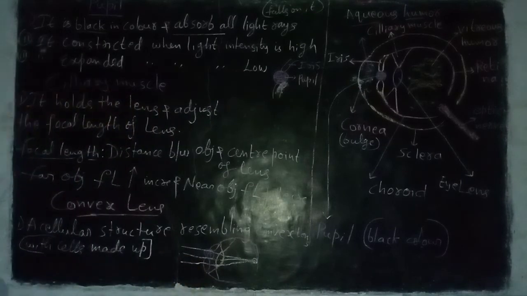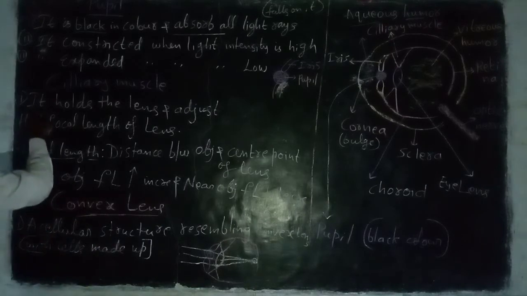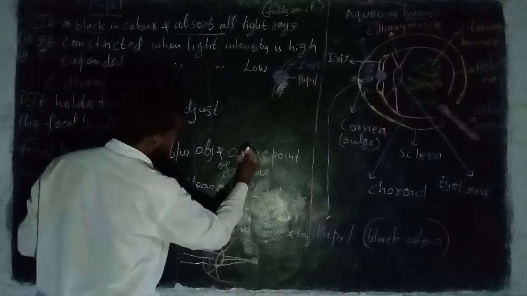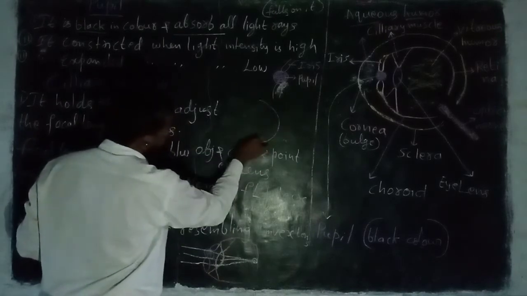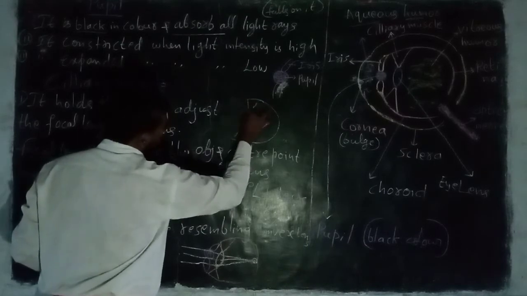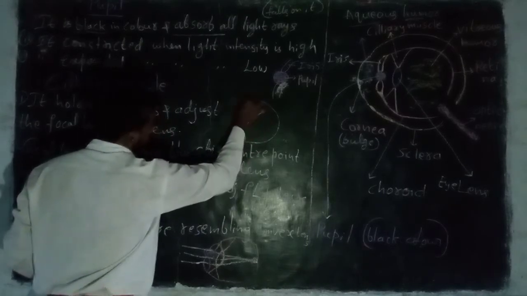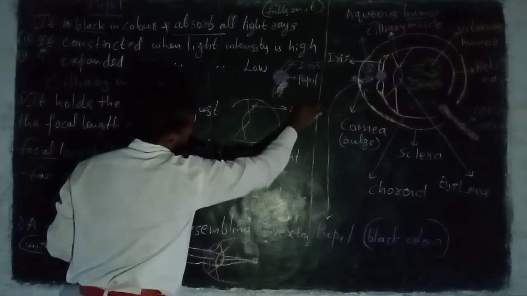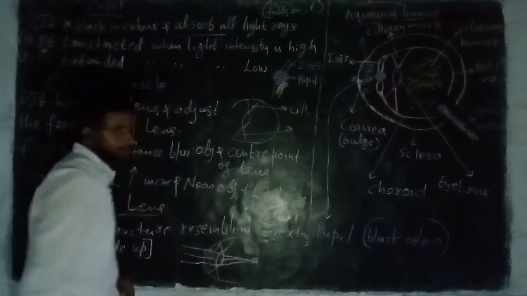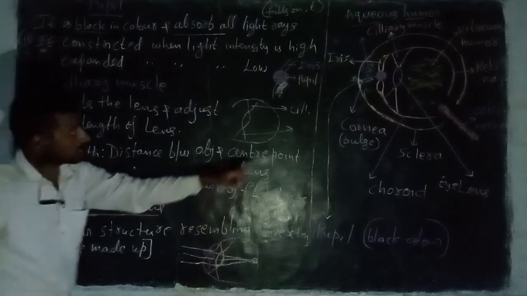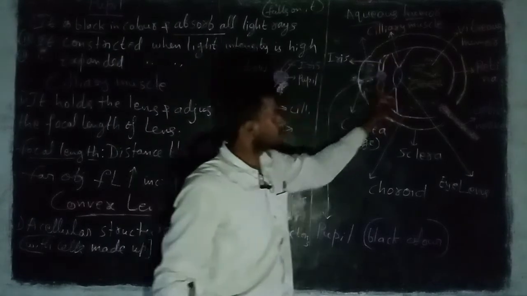Ciliary muscle. What is the ciliary muscle? Look here, already you know this eye. This is called ciliary muscles. This is also ciliary muscles. Here also, very clear, ciliary muscles.